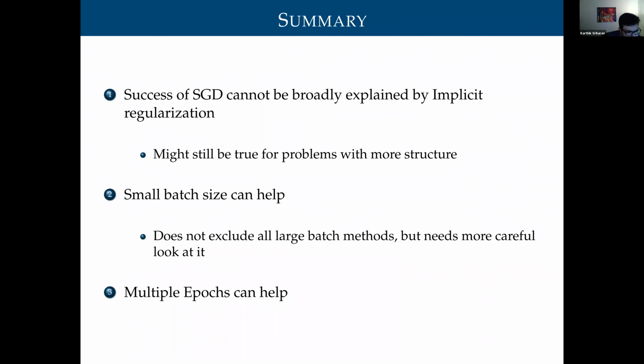Okay, I guess there were two questions. The second question I'm going to answer first, which is, can we consider tuning batch size to further improve the convergence rate? I'm going to take a guess here, because in the paper we just look at full batch versus batch size 1.